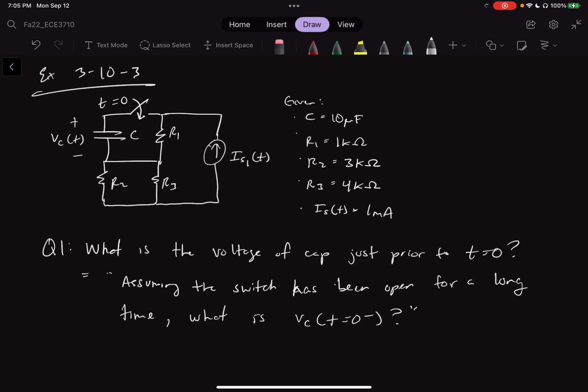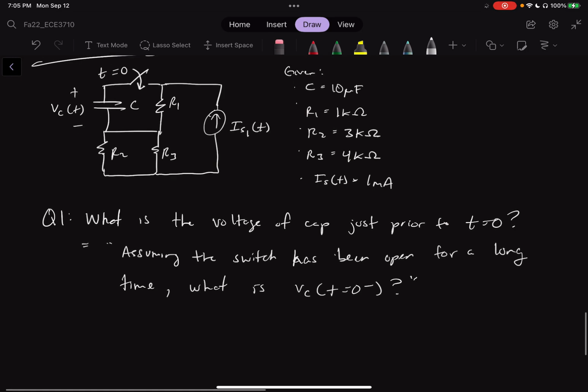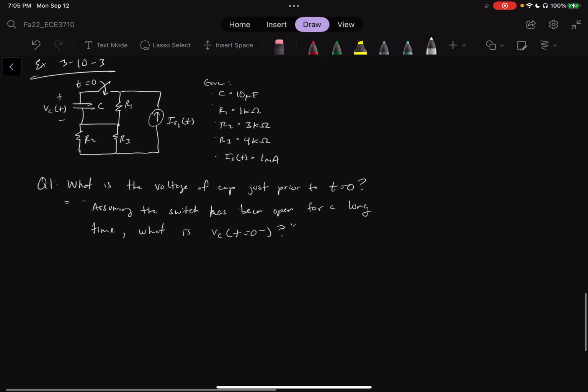That's what the question is asking. What is the voltage of the cap just prior to T equal to 0? That's the same thing as assuming the switch has been open for a long time. What is the voltage of the capacitor right before T equal to 0 when the switch closes? So, how do we do this problem?